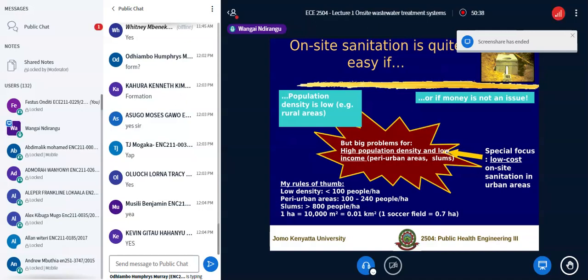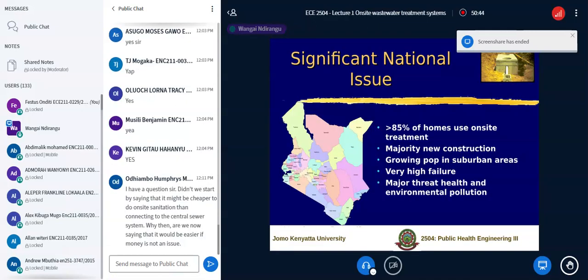Now, I have already said, yes, this is Humphrey saying, did we start by saying that it might be cheaper to do on-site sanitation than connecting to a centralized sewer? Why then are we saying that it would be easier? It will be easier if money is not an issue. Okay, I won't get that clear.